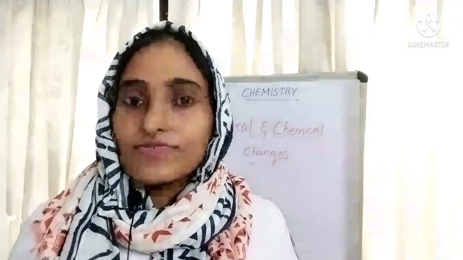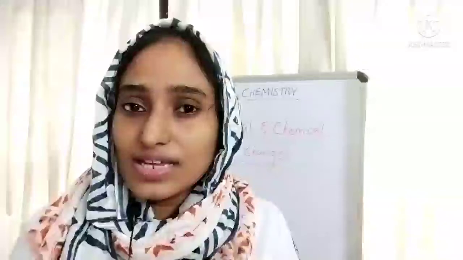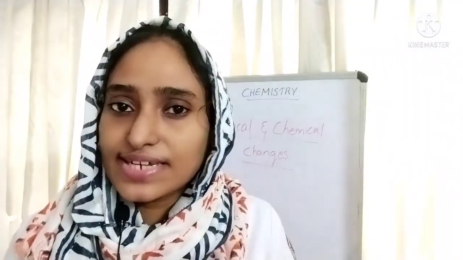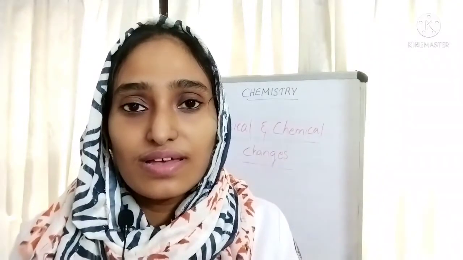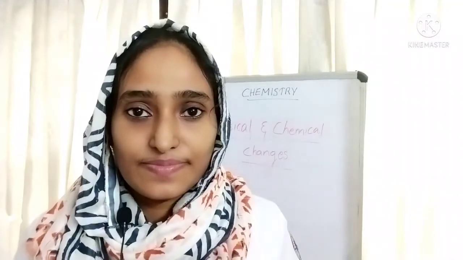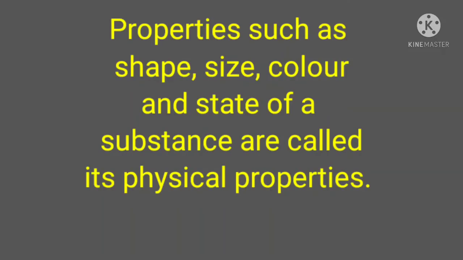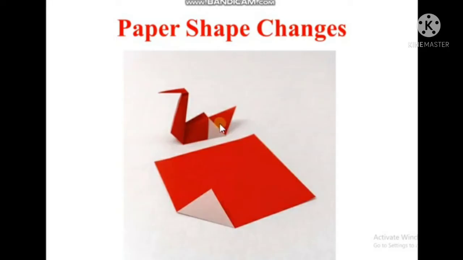So children, from the above activities, we can say that a change in which a substance undergoes a change in its physical properties is called a physical change. So what are the physical properties? Properties such as shape, size, color and state of a substance are called its physical properties.